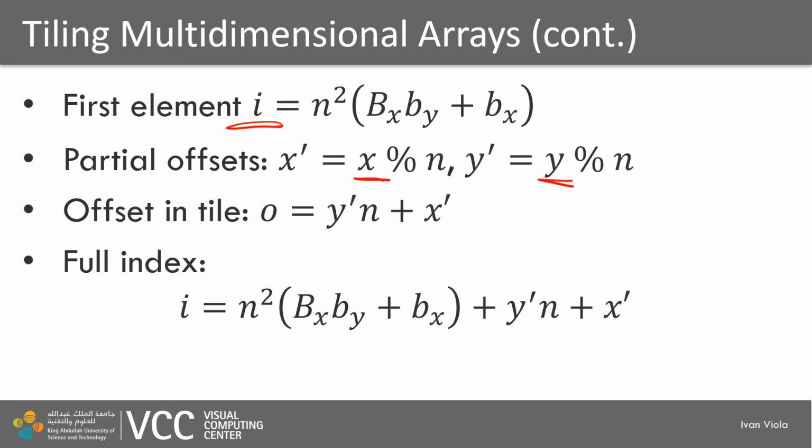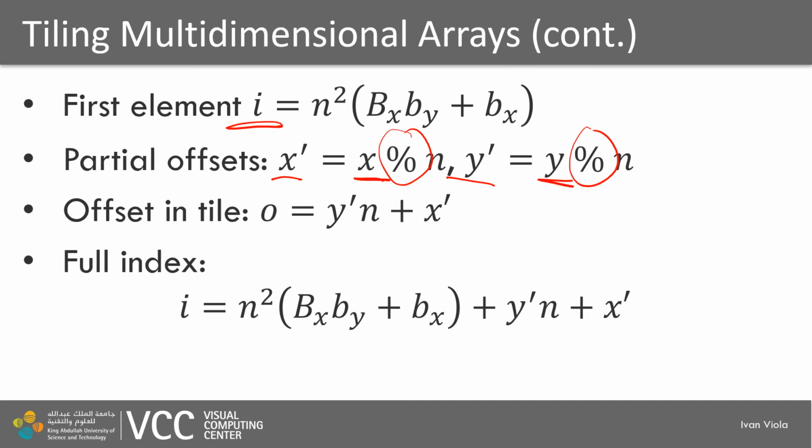Well, this offset can be calculated by the modulo operation in x and y, because we have performed the integer division of x divided by n, and that gave us the indexing for the bricks, and then we still have this remainder, which is the actual offset within the brick. So the x prime and y prime are the actual coordinates within our brick, and they are calculated from the original x and y coordinates modulo n, which is the size of the brick.